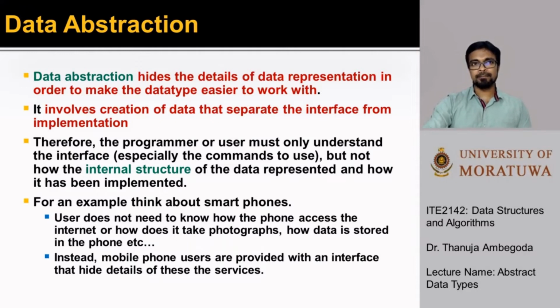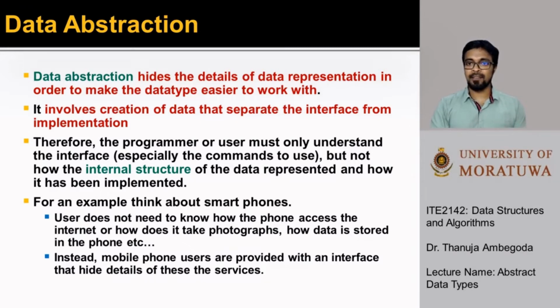The idea is, when there's a certain type of data that you're using in a computer program, the underlying mechanisms of how the data is stored and how certain things are implemented, how the data is stored in the memory, for example, is completely hidden away from the programmer at the time of writing the program.